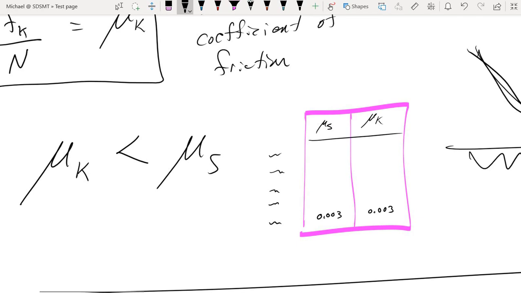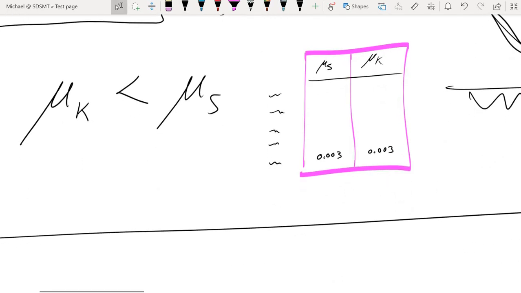The book had them equal to each other. Well, you can't have that. What happened in this case was that the editor cut off the values too soon. There should have been some additional decimal places to indicate the difference between the two.